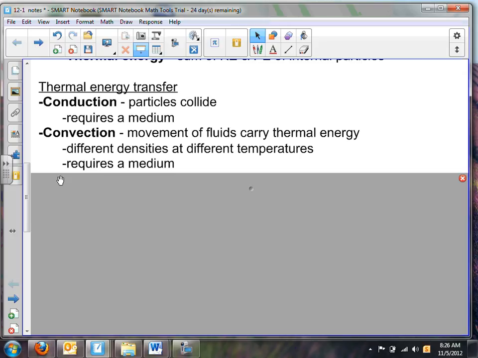If they expand, they have less density, so they're going to rise. So lighter objects will rise, heavier ones will fall, and the whole fluid moves. If you can imagine a beaker of water, you're heating the bottom of it, that hot water is going to start rising to the top. The colder water on the top will fall to the bottom, and you have this little current forming. That's what a convection current is. So the actual fluids move. And again, since we're talking about particles, a medium is required.